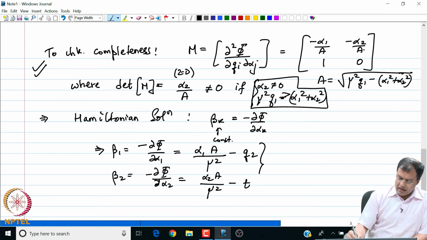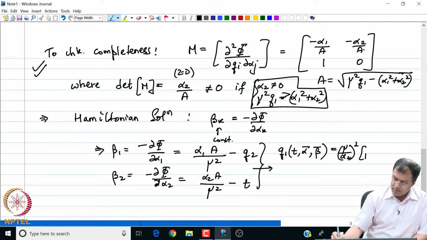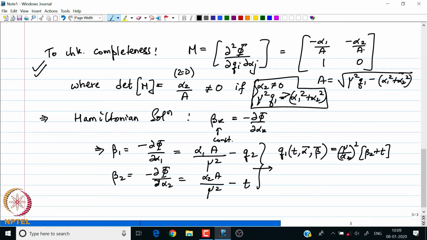Okay, from here I invert this relation to find q1 and q2, and I see that q1 now is a function of t comma alpha comma beta, both are vector constants. This comes out to be mu by alpha 2 whole square times beta 2 plus t.